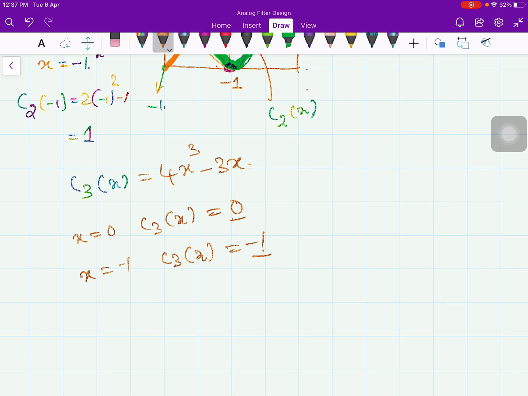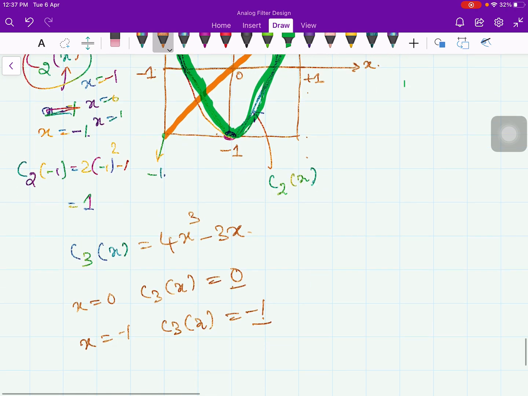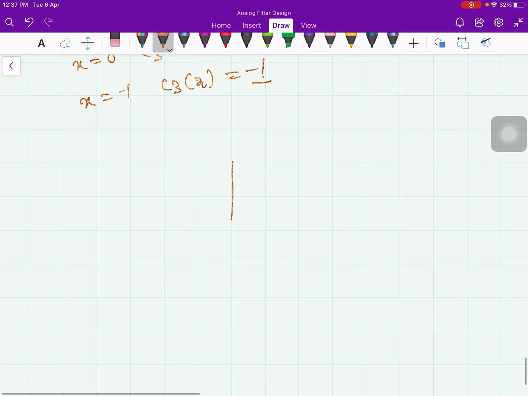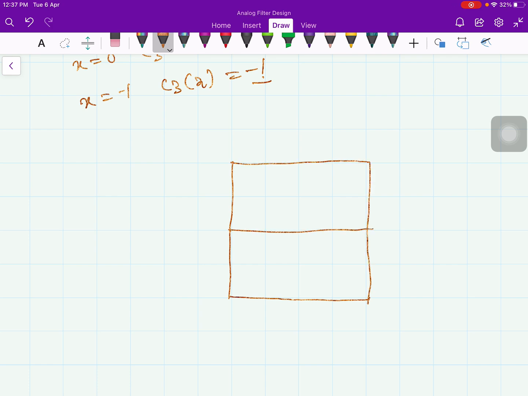Therefore let me draw one more box like that, because it is over congested. Like this.